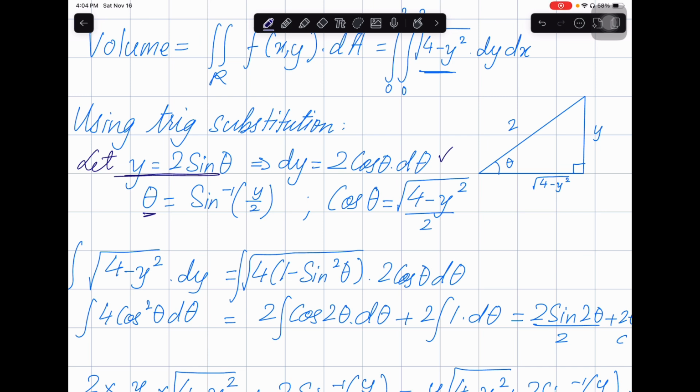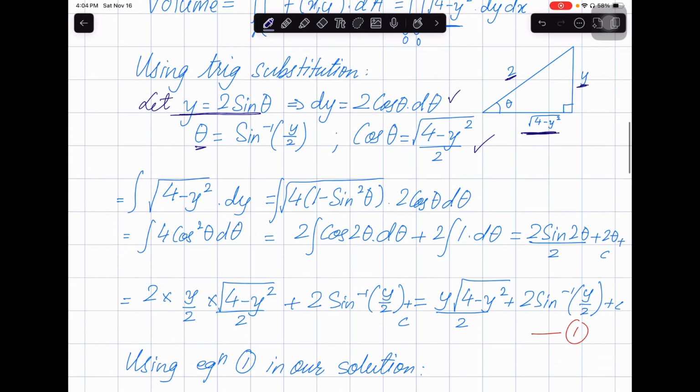The hypotenuse is 2, the perpendicular is y, and the base is under root hypotenuse whole square minus perpendicular whole square, so under root 4 minus y square. Cos theta is base over hypotenuse, so it is under root 4 minus y square whole divided by 2. So again, this should be useful. Let's see if it is useful or not.